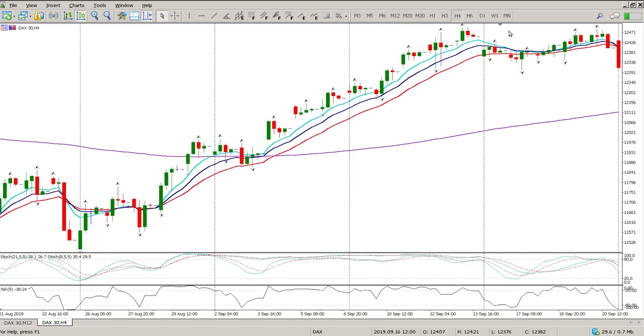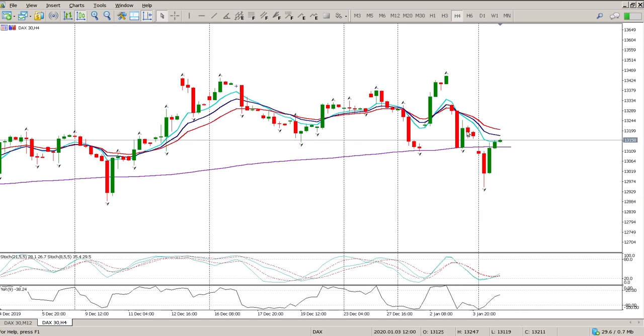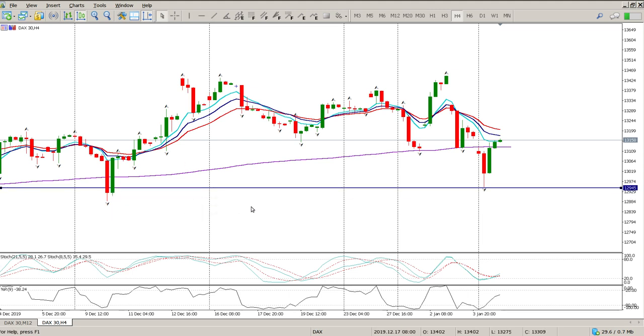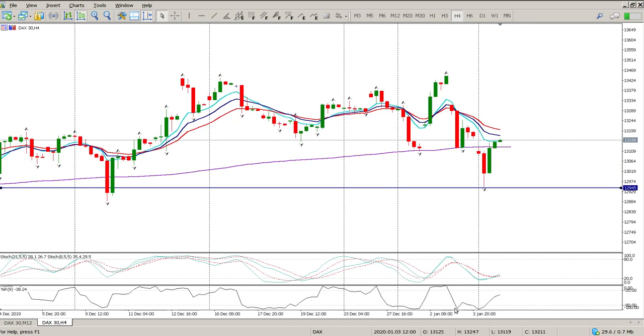If we just get onto the 4-hour, I'm going to have a quick look at what the bigger picture is here. You can see we had the gap down. We came down. We sort of found some support down the bottom here, which is pretty much where these fractals are. We have a double bottom here, and we have a crossover of the stochastics at the moment.